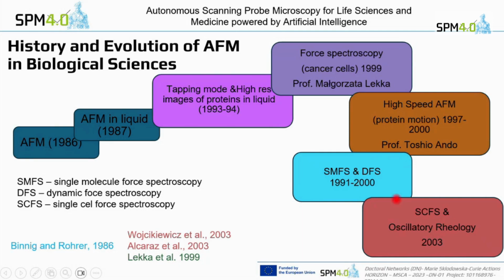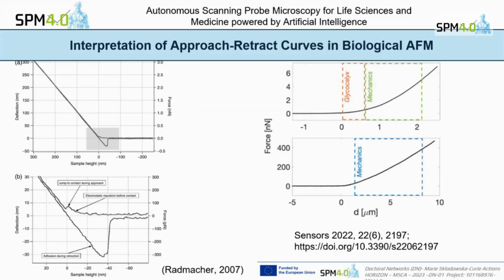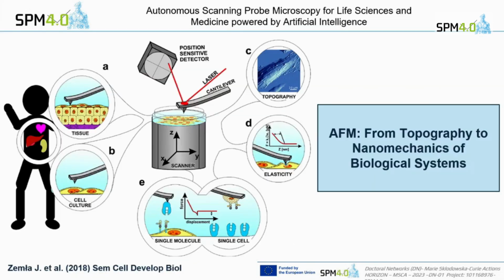And after 2000, we have single cell force spectroscopy measurements. So here the cell is the probe, and the oscillatory rheology introduced in the group of Professor Daniel Navajas and applied for AFM.